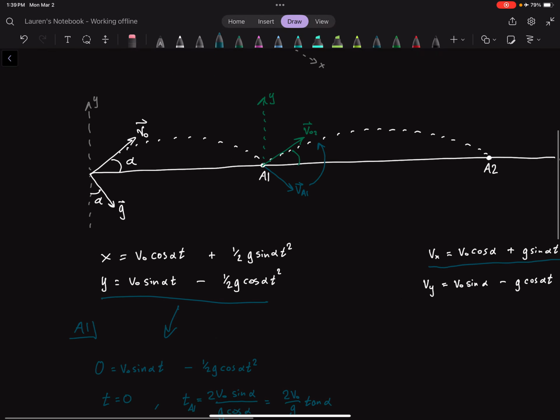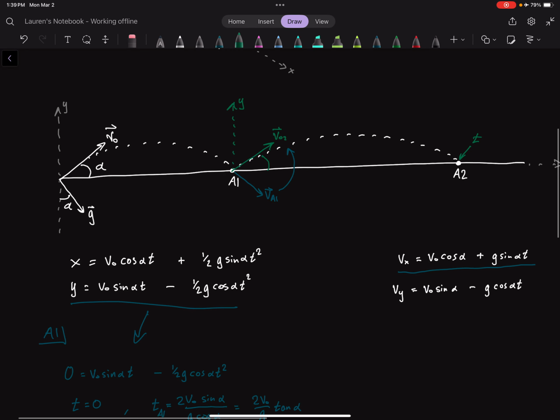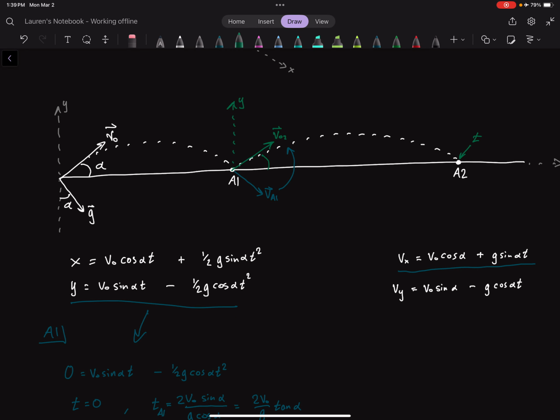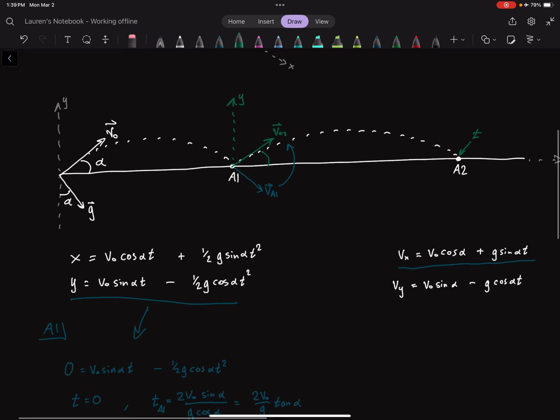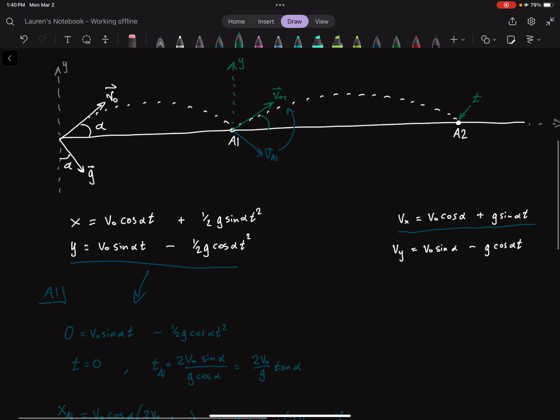All right, so if we go through and find, again, the time to A2, now we're thinking about green, we want to know the time that this occurs. We have a new projectile motion problem here, and we can find the time. So now we're going to say the y, we're looking at this guy here.